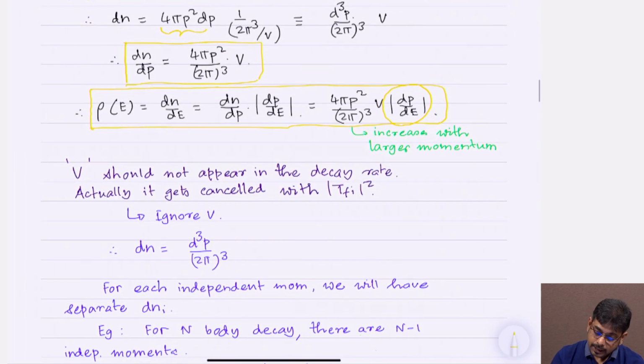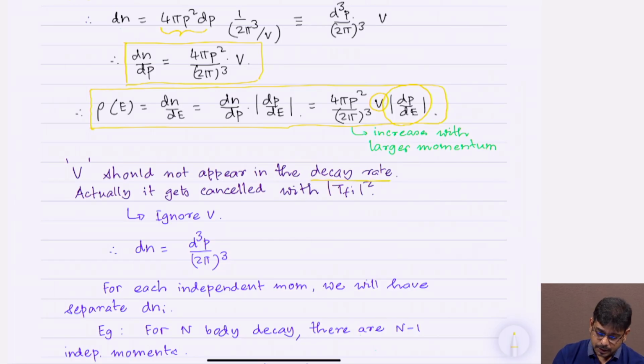All right. Now, there is one part which actually makes us a little worried, like this volume V, the volume which we normalize the wave function with. How can that appear in your decay rate or your cross section calculation?